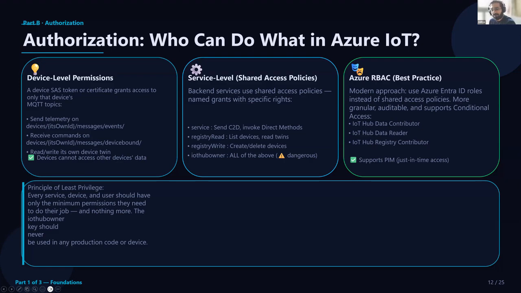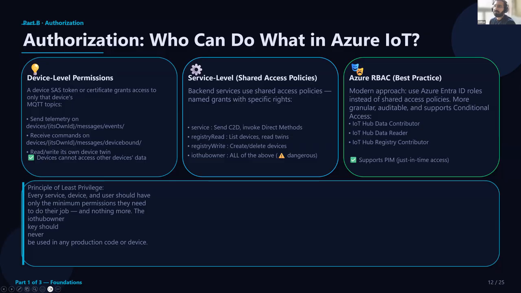At the service level, backend services authenticate using shared access policies. The dangerous one is IoT Hub owner. I'm not sure how many of you have seen that. If you have already configured Azure services, you should be aware of these terminologies: contributor, reader, owner.